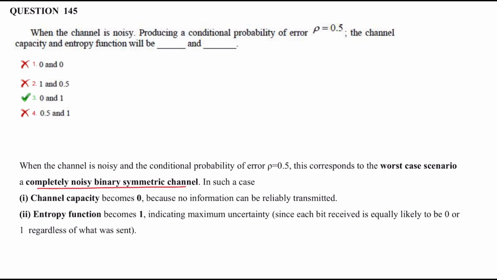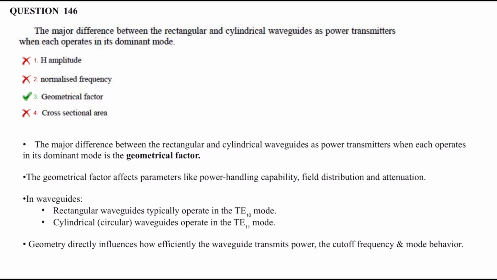Next question. Question number 146. The major difference between the rectangular and cylindrical waveguides as power transmitters when each operates in its dominant mode is geometrical factor. Correct answer is option 3. This geometrical factor affects parameters like power handling capability, field distribution, and attenuation.